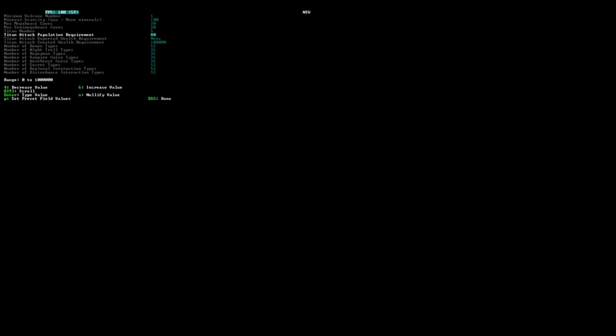Titan attack population requirement. You need to have 80. These 3 go hand in hand, so you need to have all 3 of these with a check mark on them before you can have a Titan attack. You need to have 80 dwarves in your population before a Titan attack. You also need to have, this one is set to none, so there's no requirement here, but you could set the number low or high.